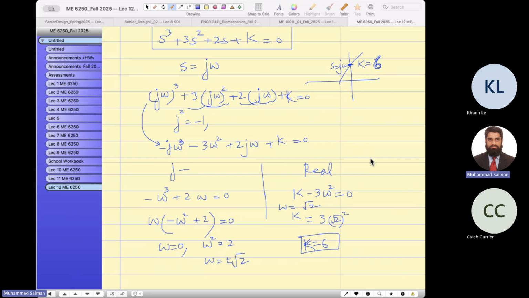Now I want to show you one picture which helps you to understand more about the real axis and imaginary axis here. So let me show you that picture here.